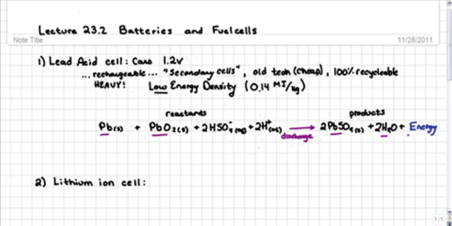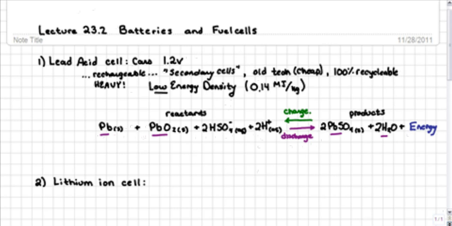But as I mentioned, this is a secondary cell, meaning that it can be charged up as well. Now, to be charged means to convert all of the products back into reactants again. And so the reaction that takes place if the cell is actually being charged is just simply the reverse reaction. And I'm not going to write it all out for you again here, but the reverse reaction in this case is the reaction that takes place as this battery is charged up.